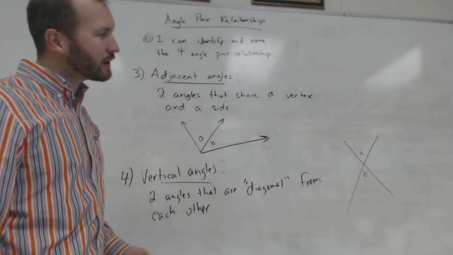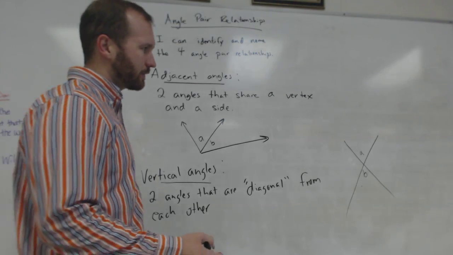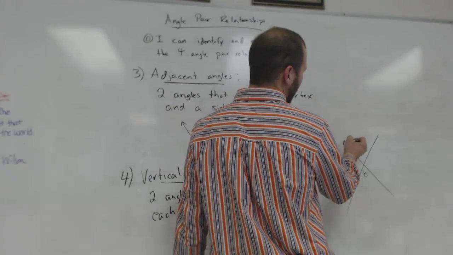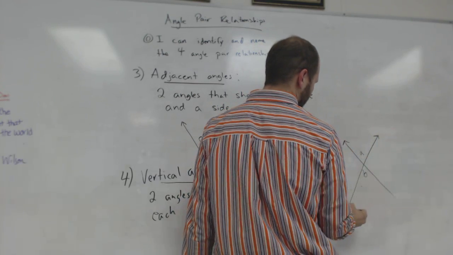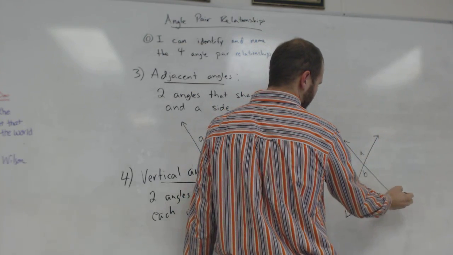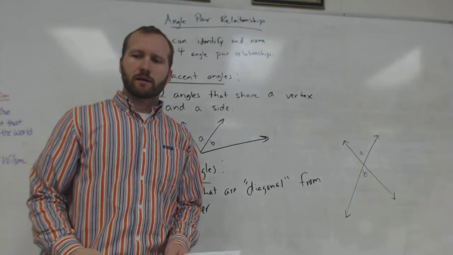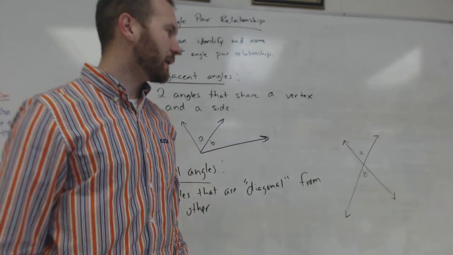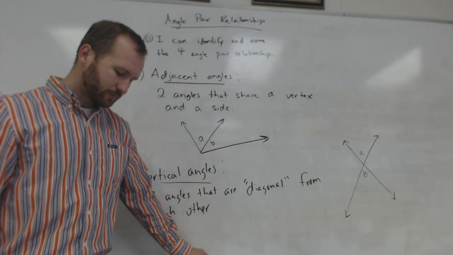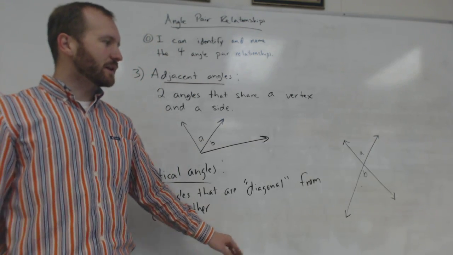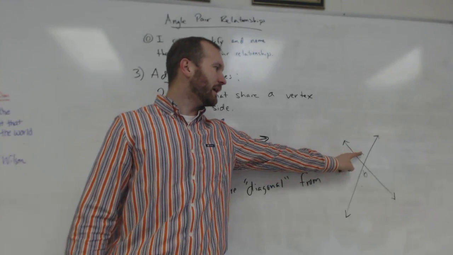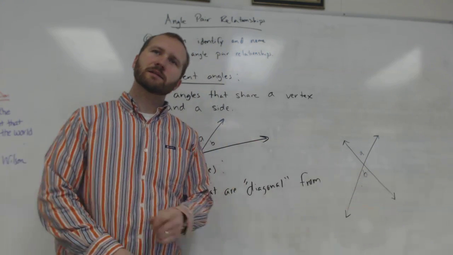I want you to just look at that diagram for a second and try to think about why that might make sense. We're not going to do an actual proof of this today. I haven't taught you how to do proofs yet. But we can still reason it through. We can think about, well, why would this have to be equal to this?